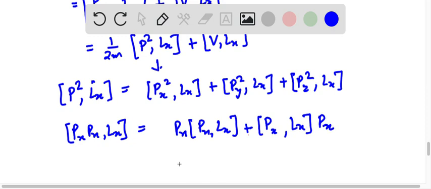And from part A, we know that [px, Lx]. Oh, that means we did not calculate this value.